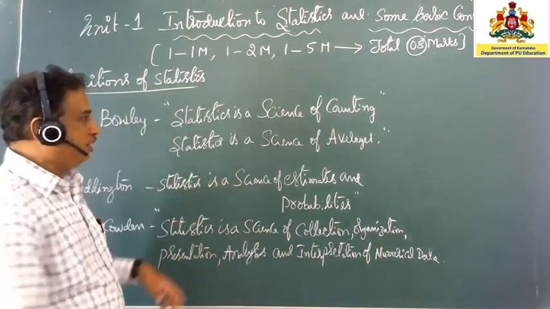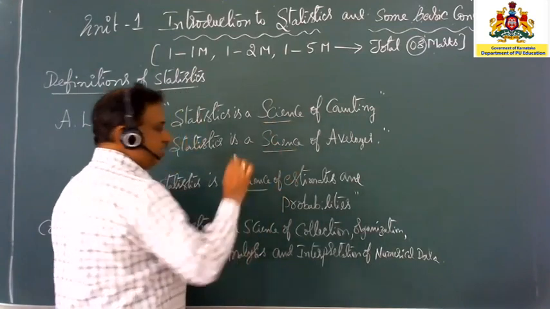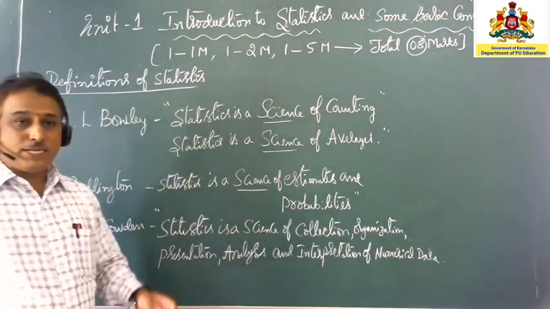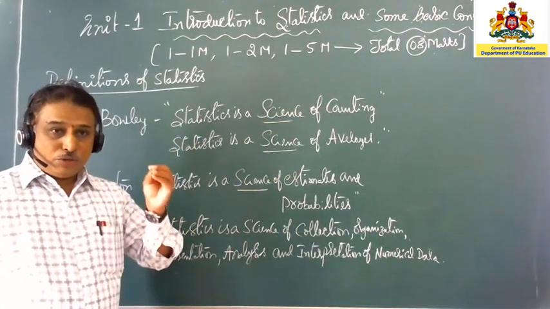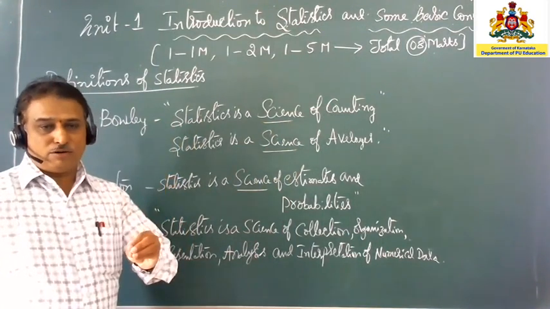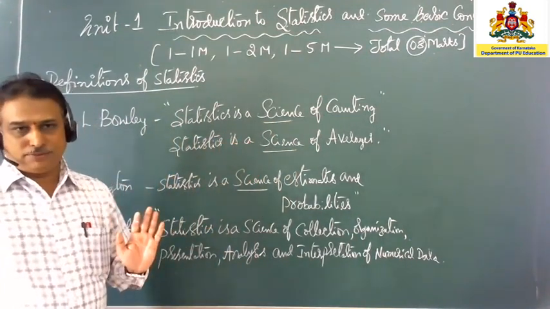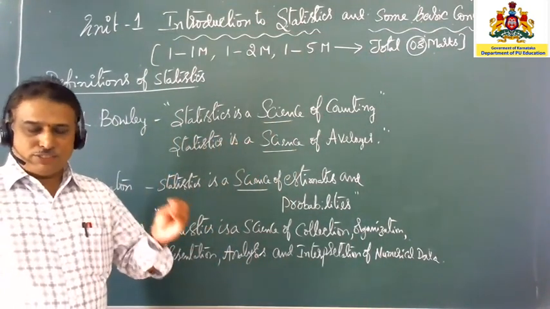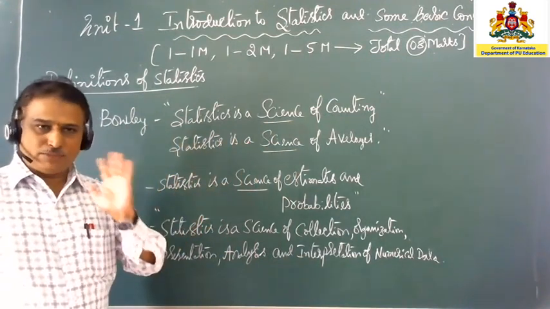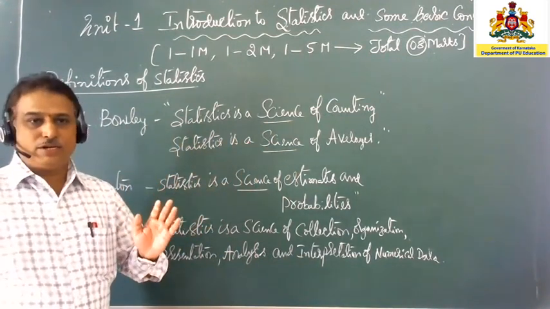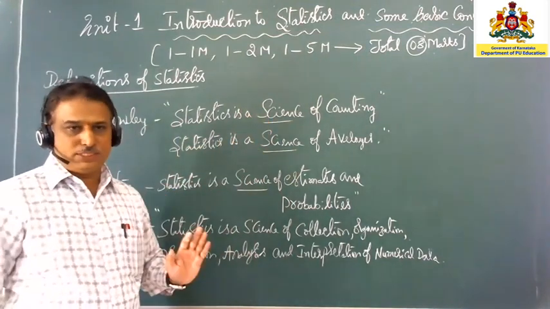If you observe here, in all the definitions, they use the word science. Science is a disciplined subject. To get a valid conclusion, you have to follow the step-by-step procedure. In physics, chemistry, biology, in all the subjects, to get the desired results, you have to follow the step-by-step procedure.